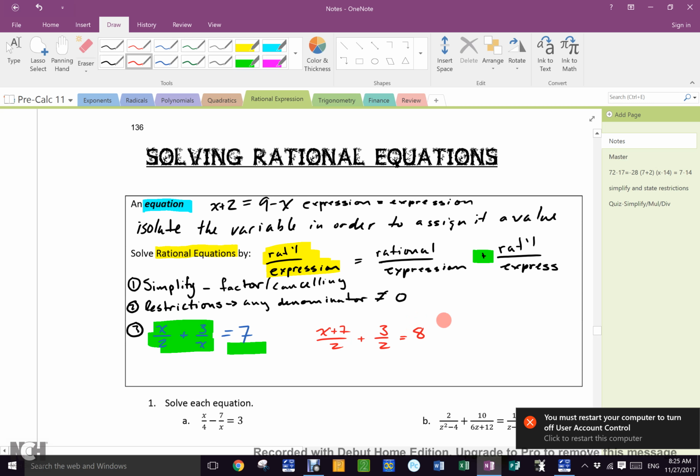Oops. Where in that red equation are you going to need to do work? Pardon me? In the numerator, yes? Because once we have the denominator all the same, do we care about it? Right.